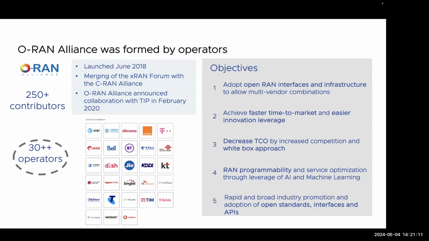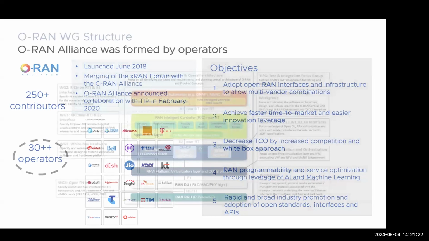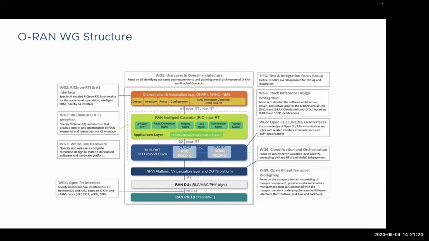And they start doing specifications or standards. So they came up that, similar to the 3GPP, there will be 10 working groups to focus on certain elements in the architecture.